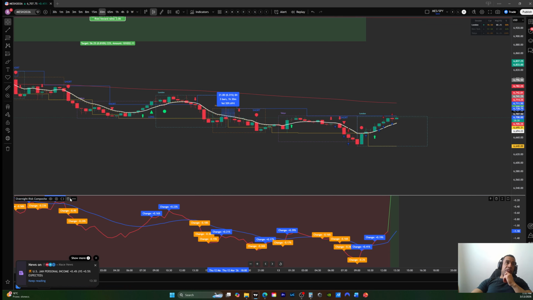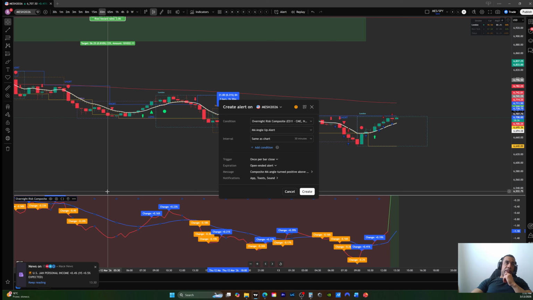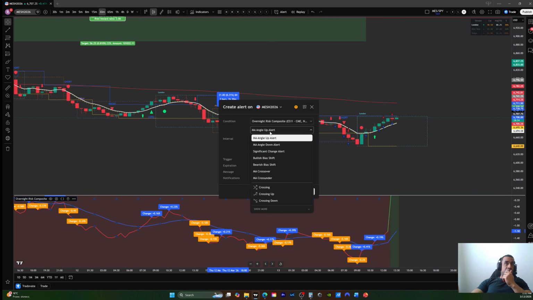As far as the alerts for this indicator, I can set alerts over here for a significant change alert, which is these little labels, right? Bullish bias shift is when this background changes to green. The bearish bias is when it changes to red.